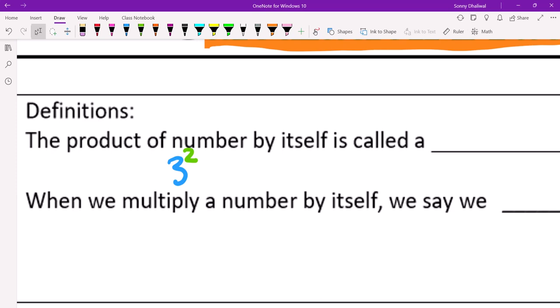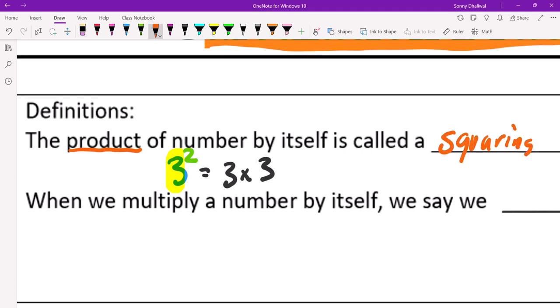No, not 3 times 2. You times it by itself 2 times over. So this means 3 times 3. Now, the word times is the word product. So if a number is multiplied by itself twice, the shorthand of saying that is we are squaring.